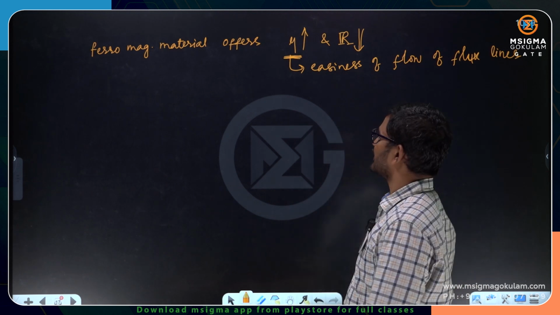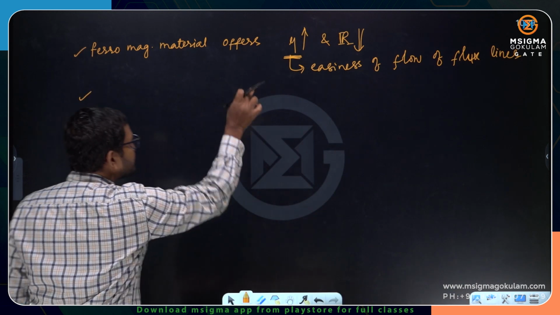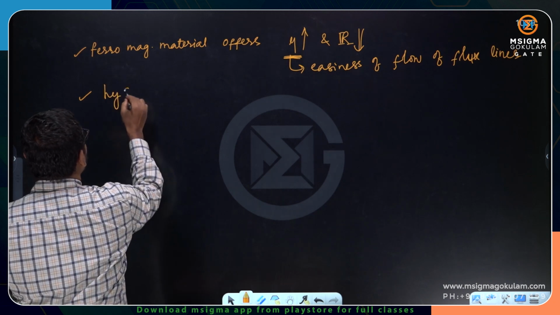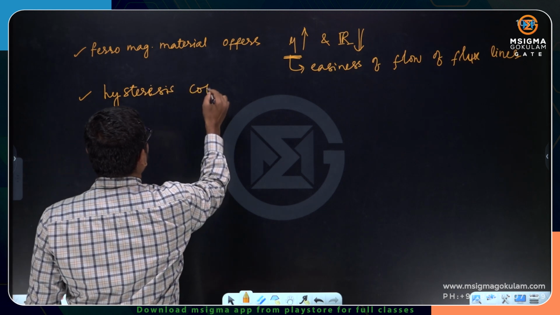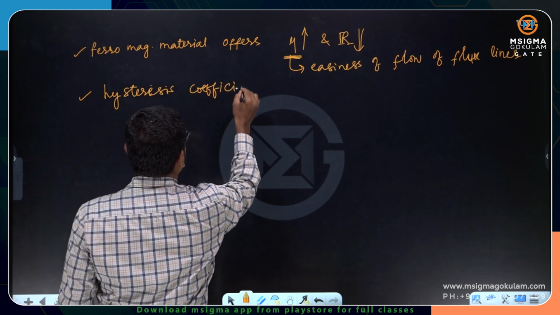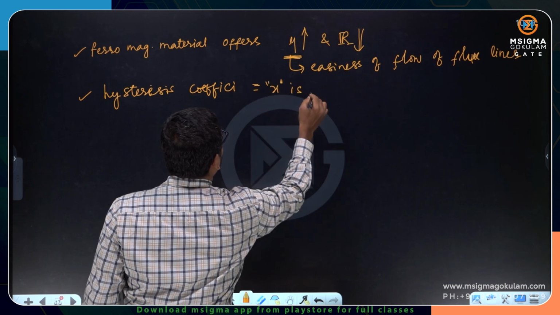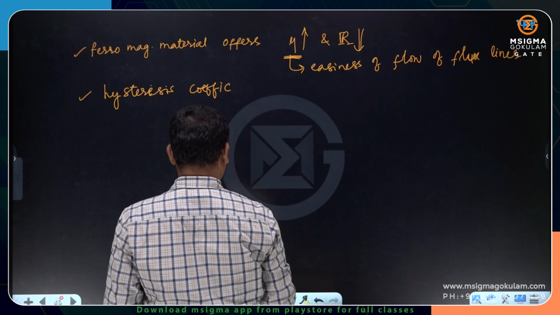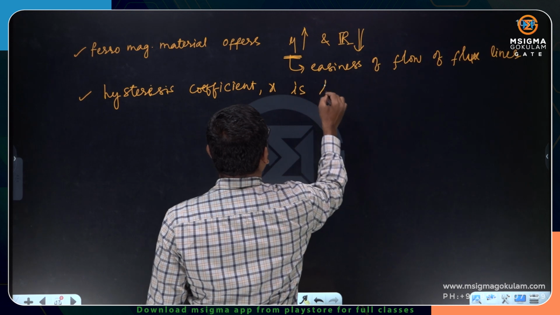Ferromagnetic material can offer high permeability and therefore it draws a very small magnetizing current. Moreover, the hysteresis coefficient x is low.